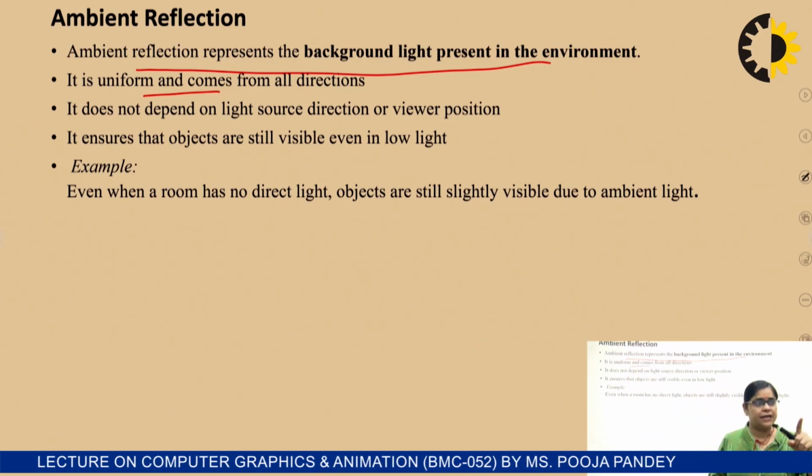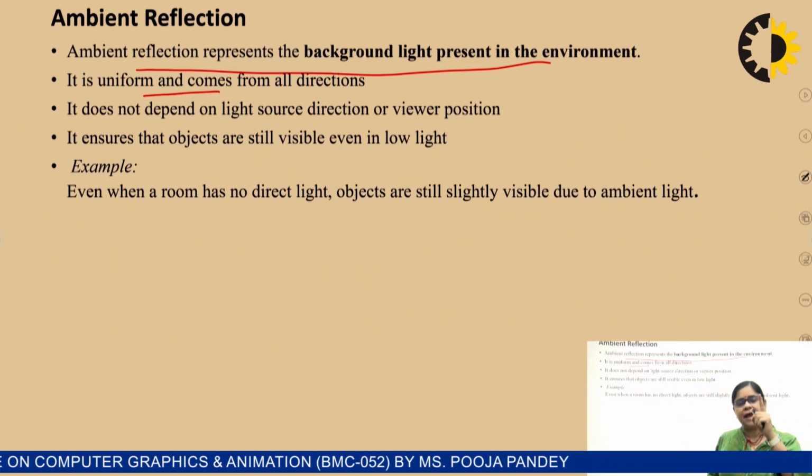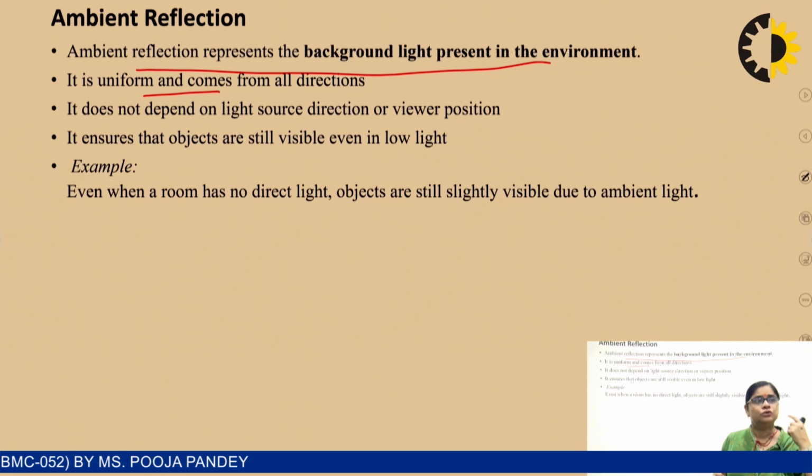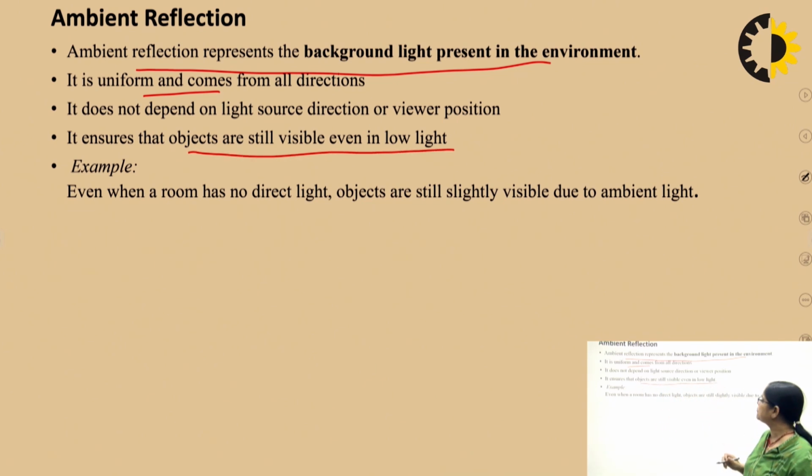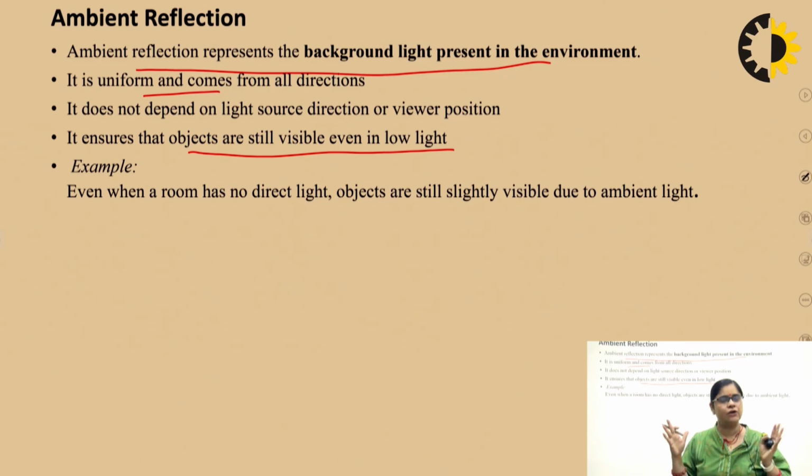It does not depend upon the light source direction or the viewer position, because it is coming from all the directions. So it ensures that the object is still visible even when the light is low, because light is coming from all directions, not from one direction.